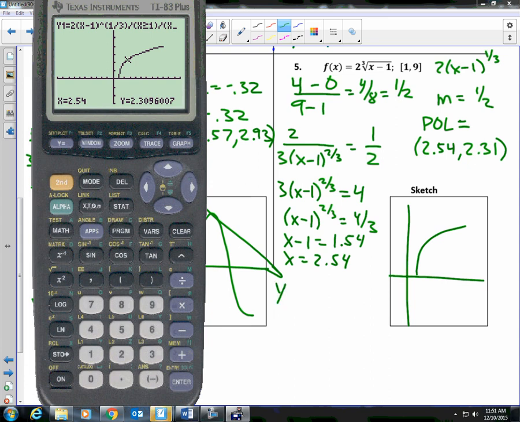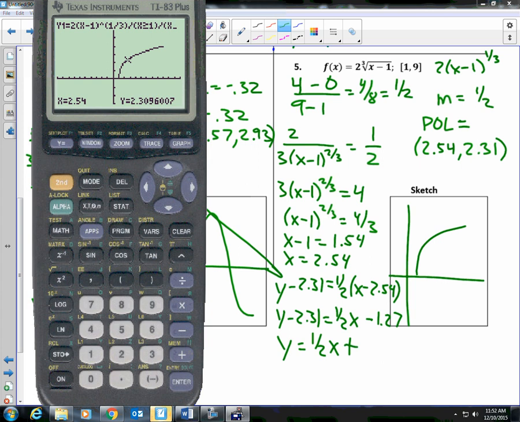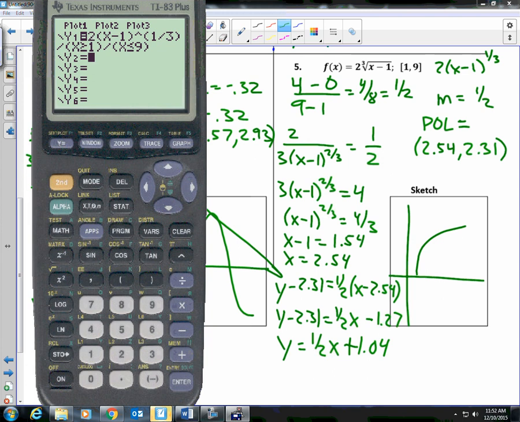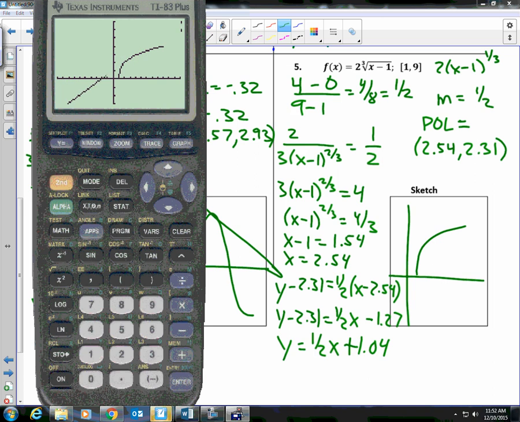All right, so y minus 2.31 is equal to m, 1/2, times x minus 2.54. One half x plus 1.04. There it is.